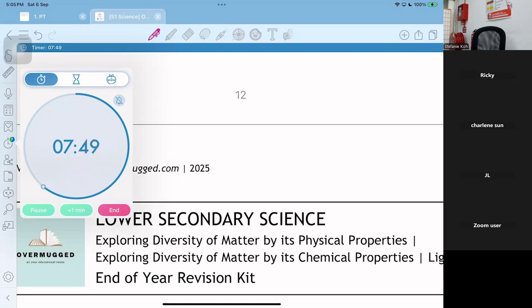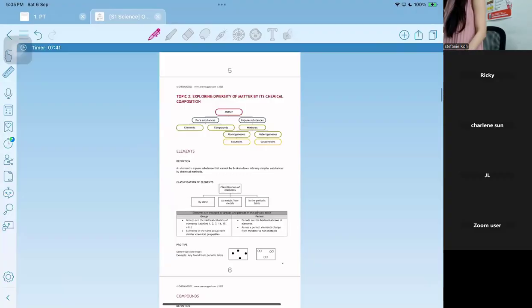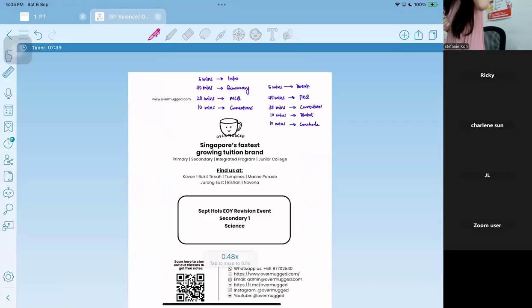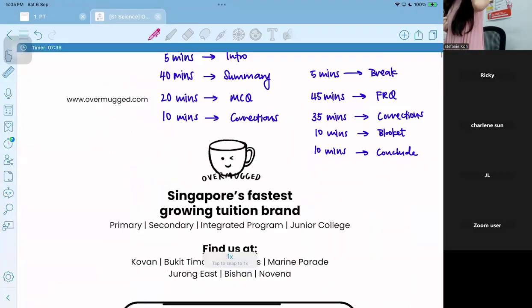And then later on, we will go through those that you need. Five p.m. Where are we? Okay, we're on time. After we go through the MCQ, then we take a break. Then we come back and do the free response.